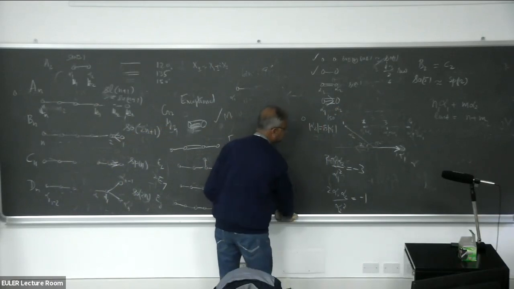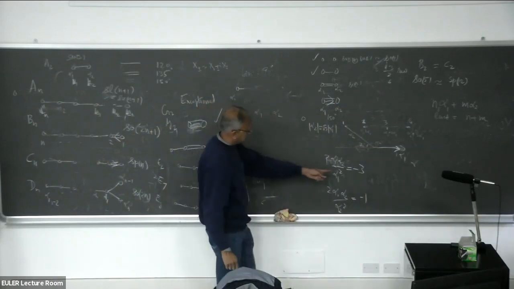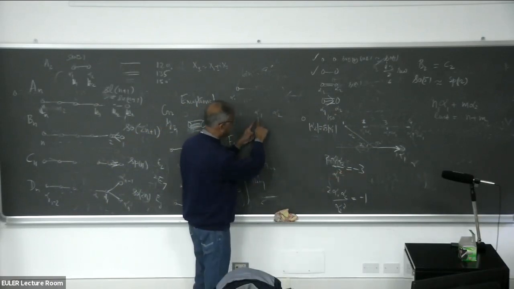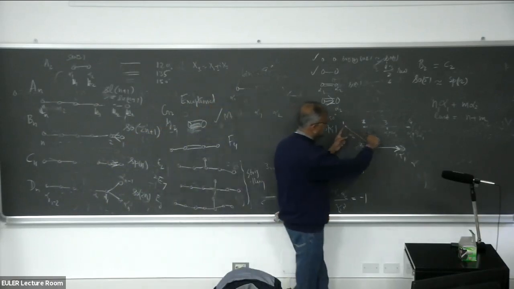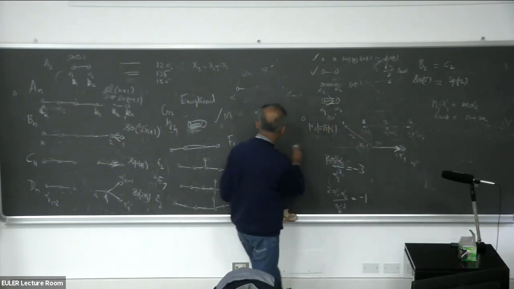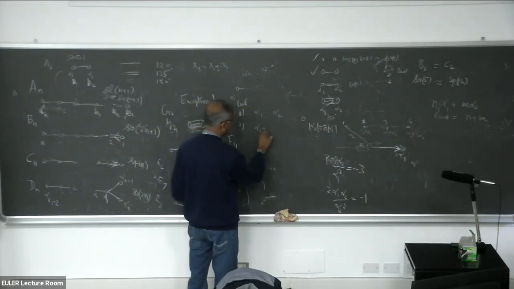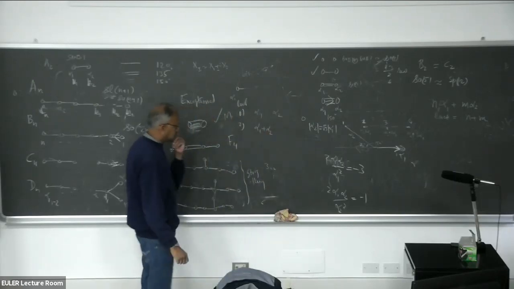Now let's see. I started with the alpha 1 and alpha 2 roots. I know that the alpha 1 string will go all the way to alpha 2 plus 3 alpha 1. So this is at level 1. At level 2, we have alpha 1 plus alpha 2, right? That's it.